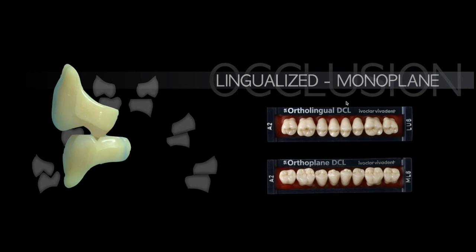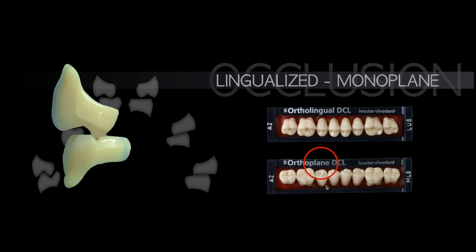The second lingualized occlusion uses the monoplane in the mandibular teeth. The original lingualized occlusion used lingualized maxillary and lingualized mandibular teeth, but with lingualized monoplane occlusion, we use the lingualized maxillary teeth, which are full anatomic teeth, and the mandibular has monoplane teeth, as shown in this picture, where the buccal and lingual cusps are completely flat.